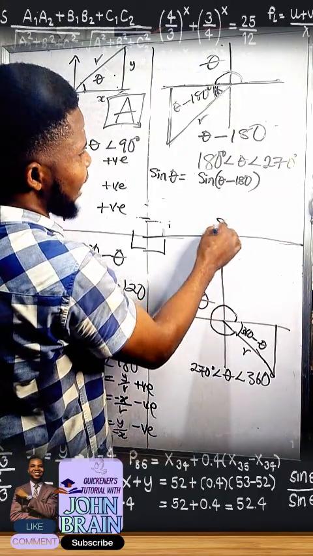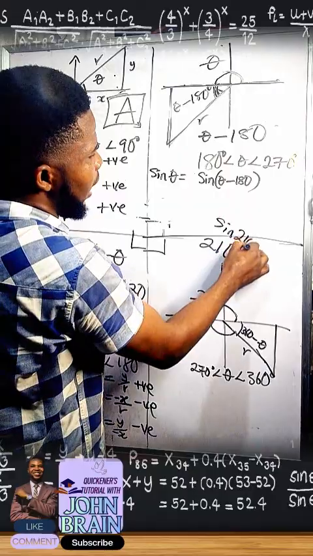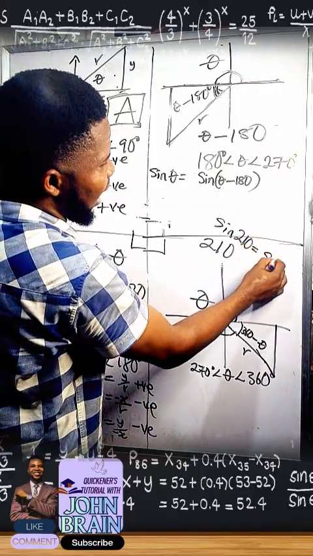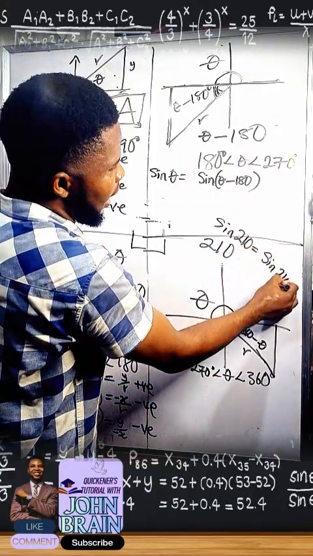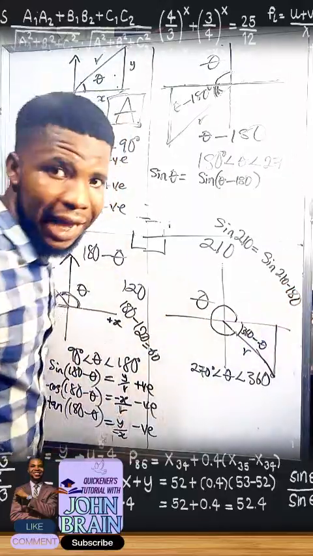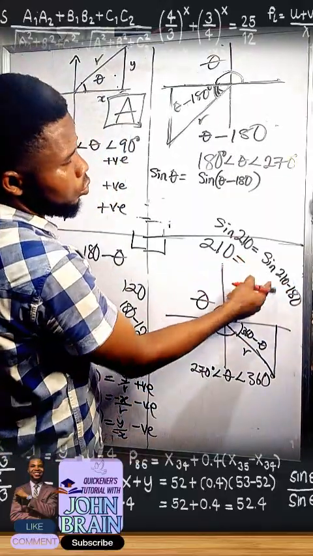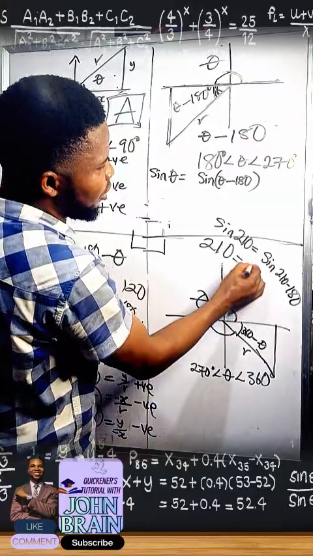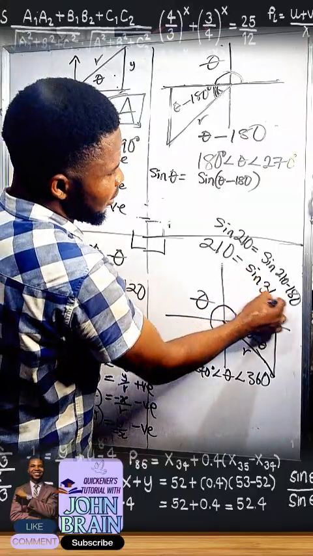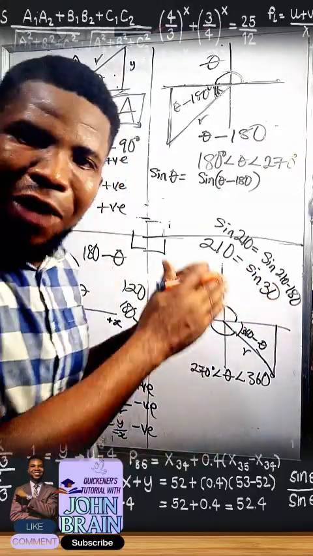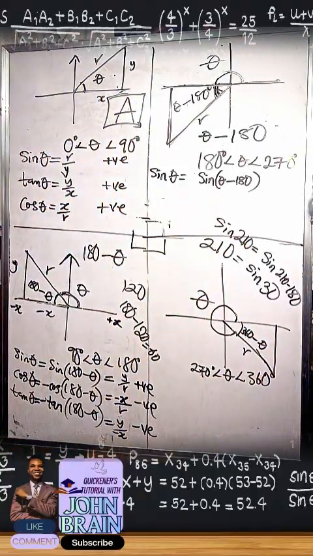You say sin 210 is the same as sin of 210 minus 180. You understand that now? So 210 minus 180, that will be 30. So that will be sin 30.